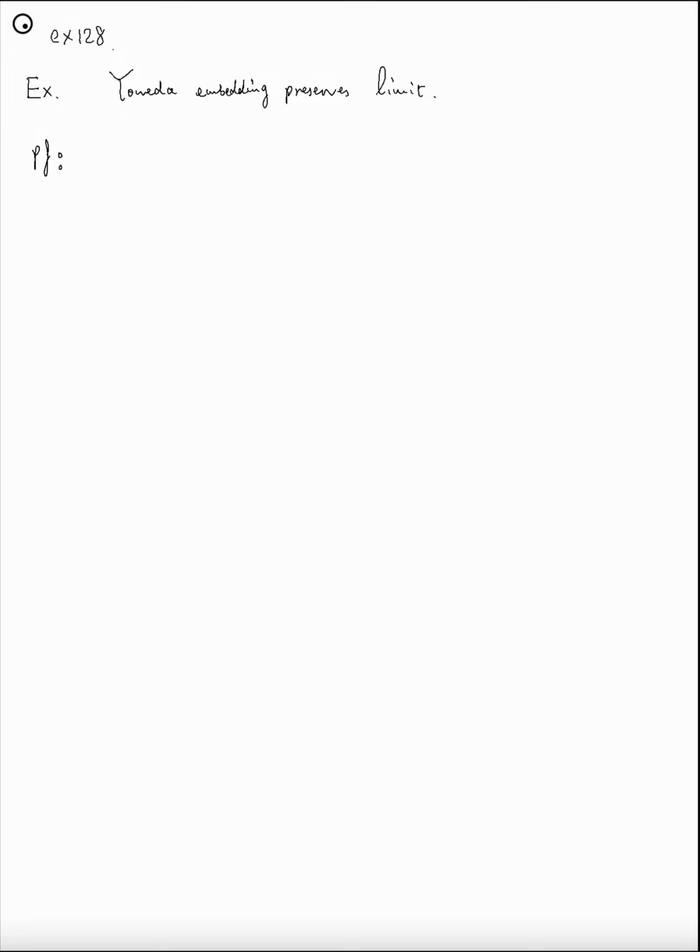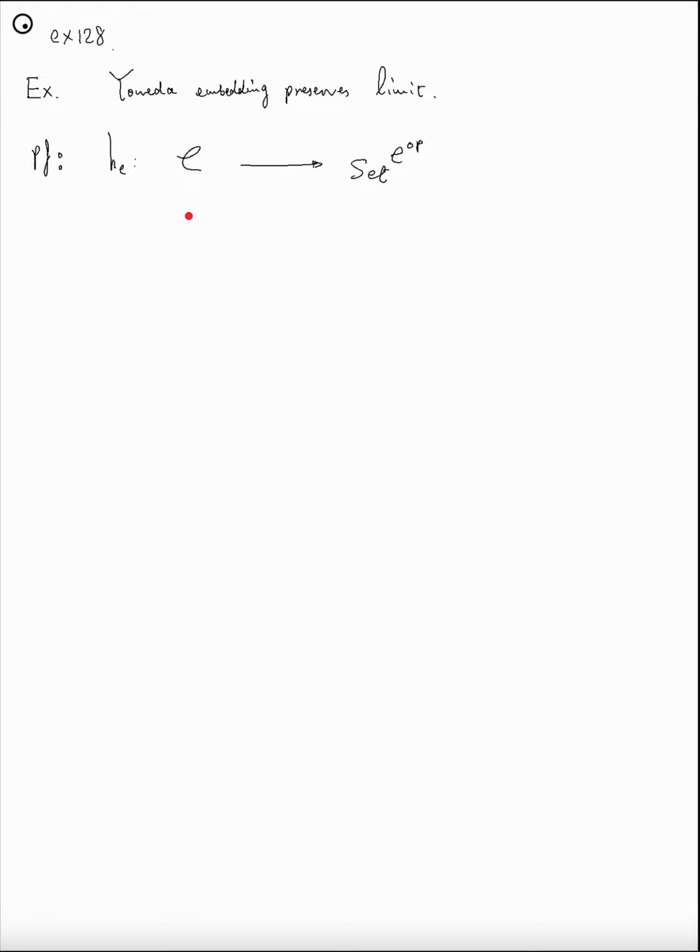So what do we have to do? We need the embedding. Let's say you have a category C. Let's denote by H from a category C to the category of functors from C up to the category of sets.